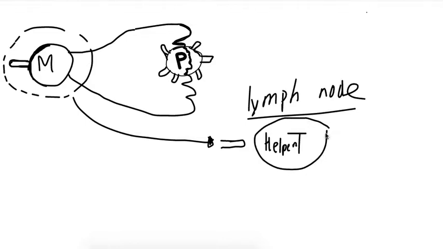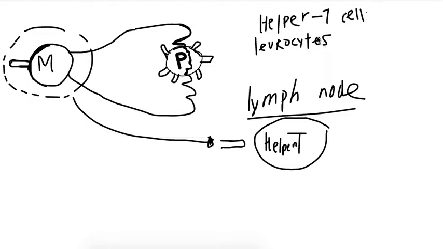Helper T cells are leukocytes, which are just white blood cells, and more specifically, lymphocytes.